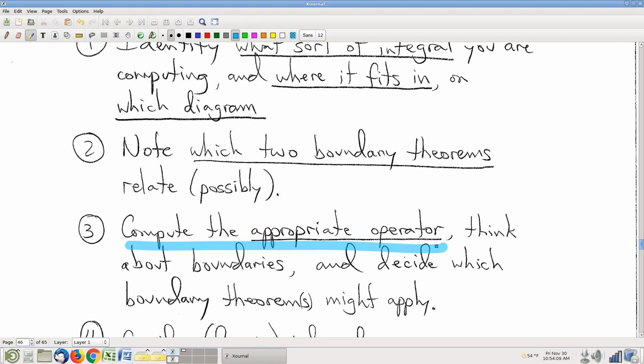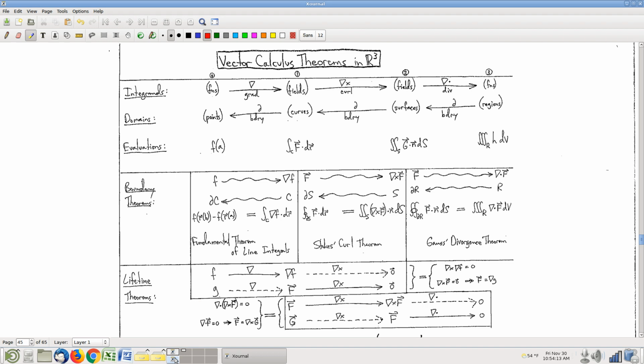Compute the operator that the diagram tells you to compute. Now, what do I mean by that? Let's go back to the diagram. You've been asked to compute a flux. Perhaps you've been given a vector field and a surface and asked to compute a flux. What does the diagram tell you to compute? Well, they gave you a vector field. By virtue of the fact that you're here, the vector field is there, and therefore you should compute that.